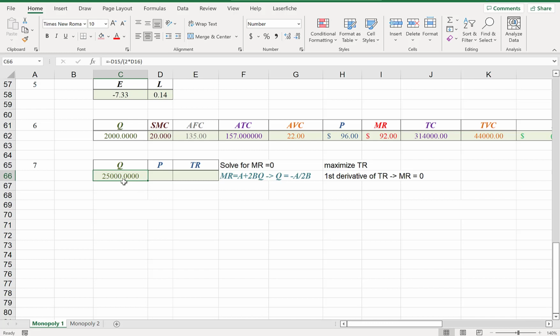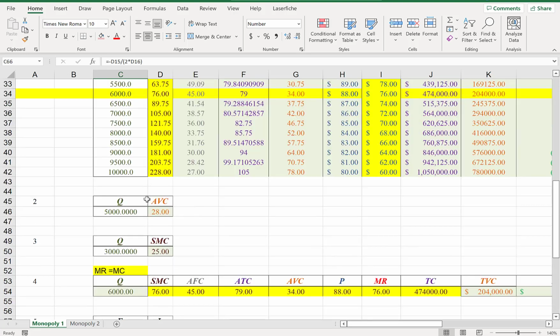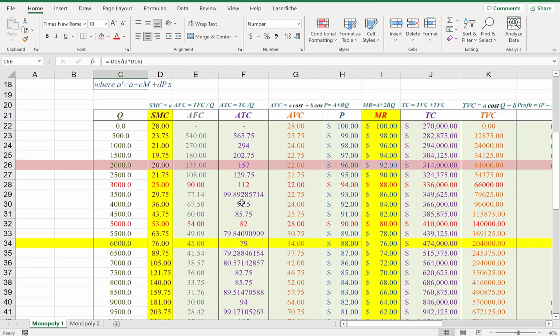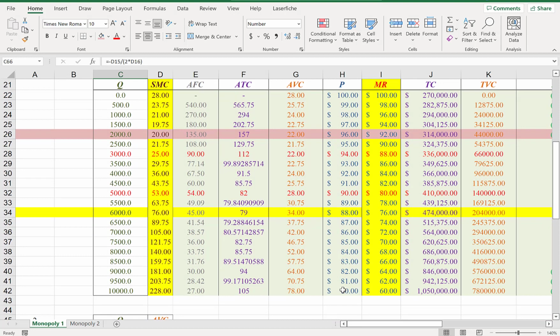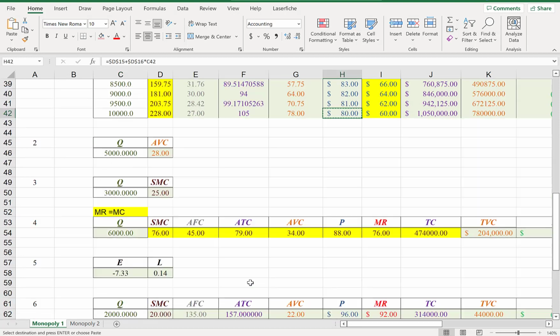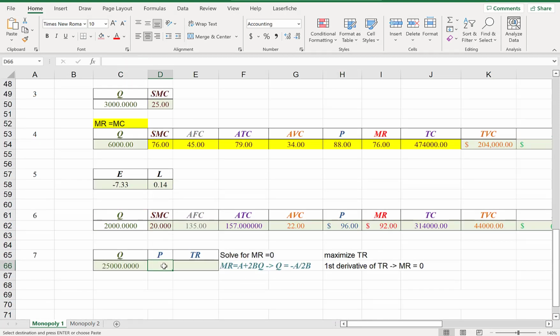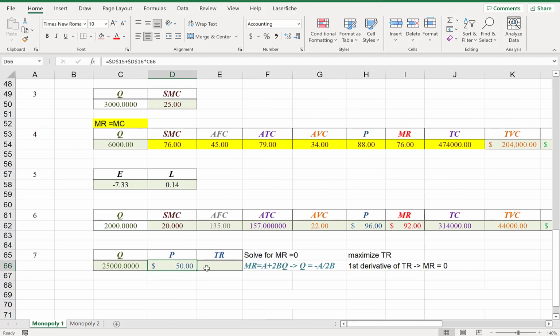Okay, so what are we supposed to produce? We are supposed to produce 25,000 units. I don't have 25,000 units here, but what I'm going to do is copy the price formula, paste it, but grab quantity from here. That's the price we should be charging. Okay, $50.